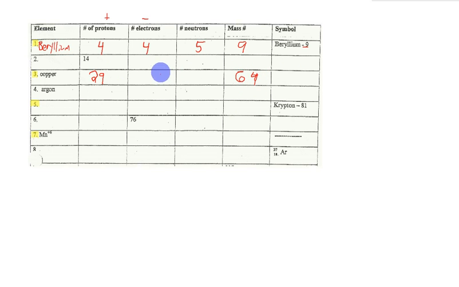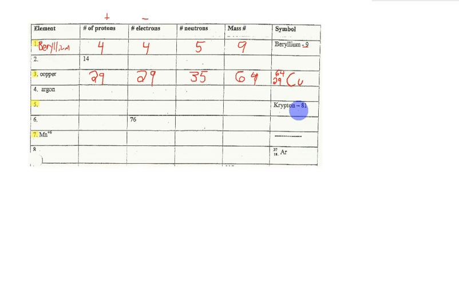We need to figure our electrons out. Remember, our electrons and our protons are going to be the same. And to figure out our neutrons, it's our mass minus our protons. So 64 minus 29 will give you 35 neutrons. And then the symbol, this time let's do the other notation. Cu for copper, our mass is going to go at the top, 64, over our atomic number at the bottom, 29. This is not an ion, there's no charge anywhere, so we don't have anything at the top right.